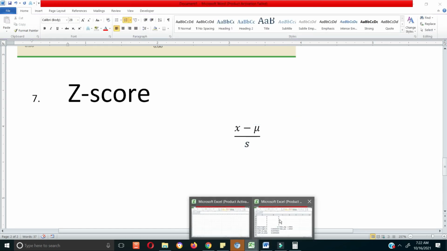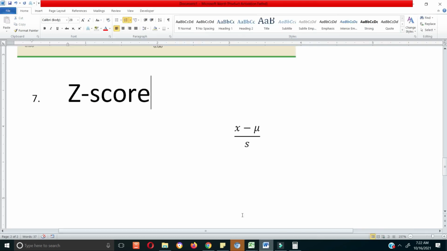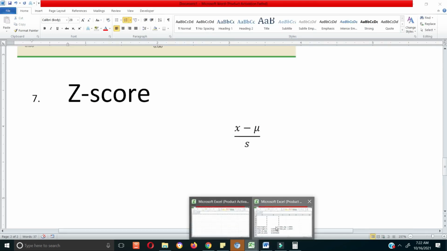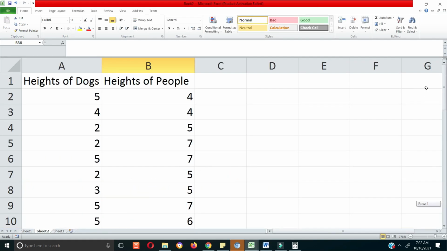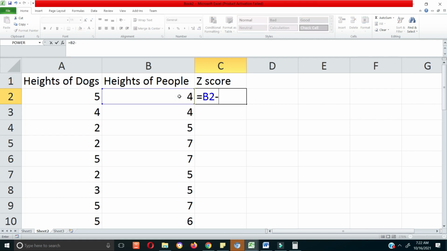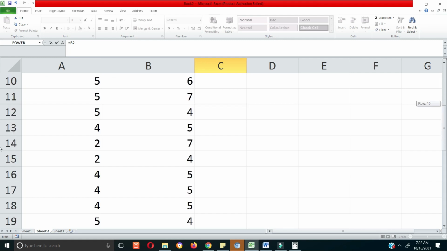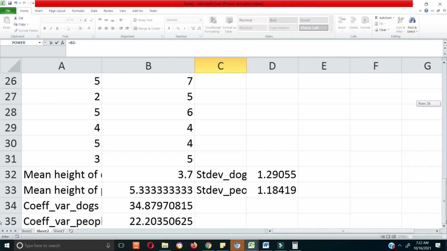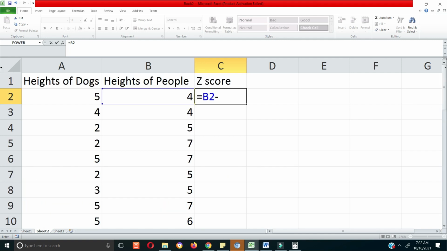So for the z-score, you actually use the sample standard deviation. If I wanted to get the z-score for this value, for instance, it's going to be that value minus the mean, and the mean for these values is B33.